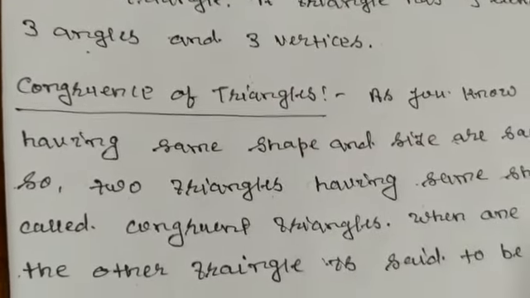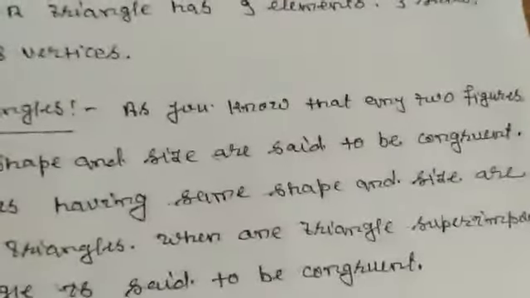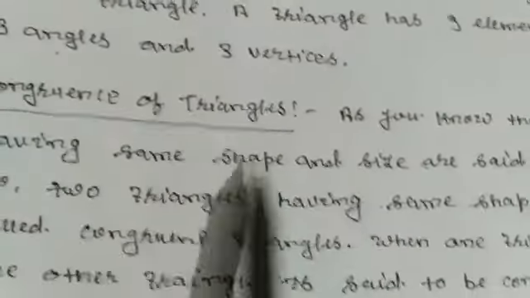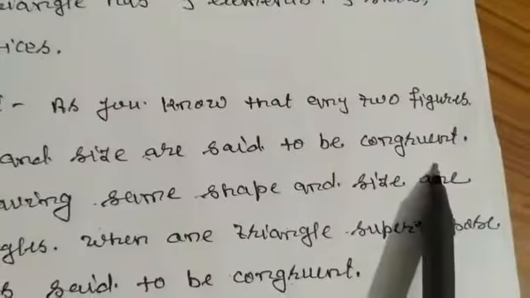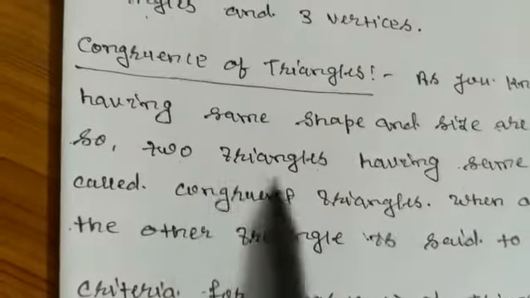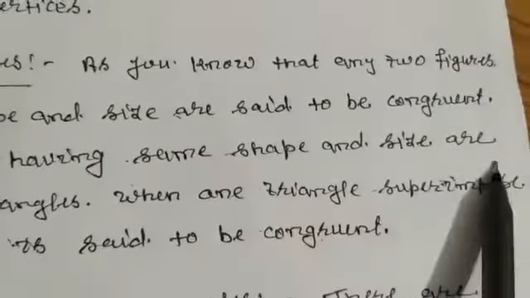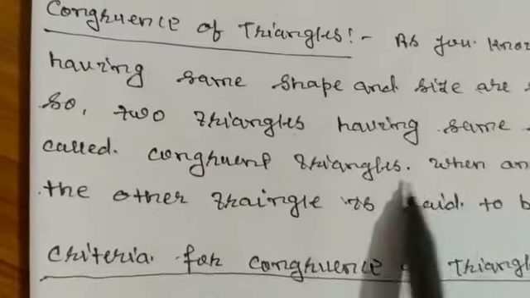When are two triangles said to be congruent? As you know, any two figures having the same shape and size are said to be congruent. So two triangles having the same shape and size are called congruent triangles.